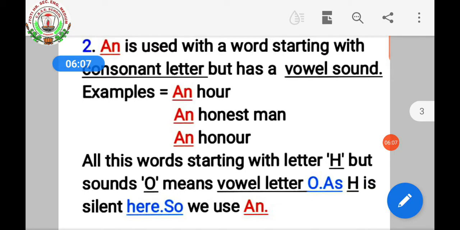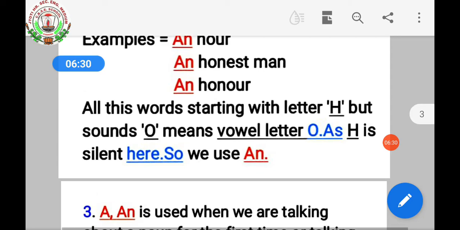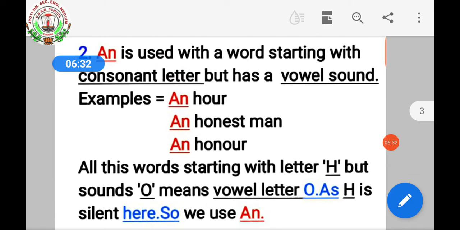All these words start with the letter H. H is a consonant, but what sound is coming? Hour, honor, honest. The O sound is coming. So here H is silent, and when we pronounce it, the O sound is coming. That is why we put an here.